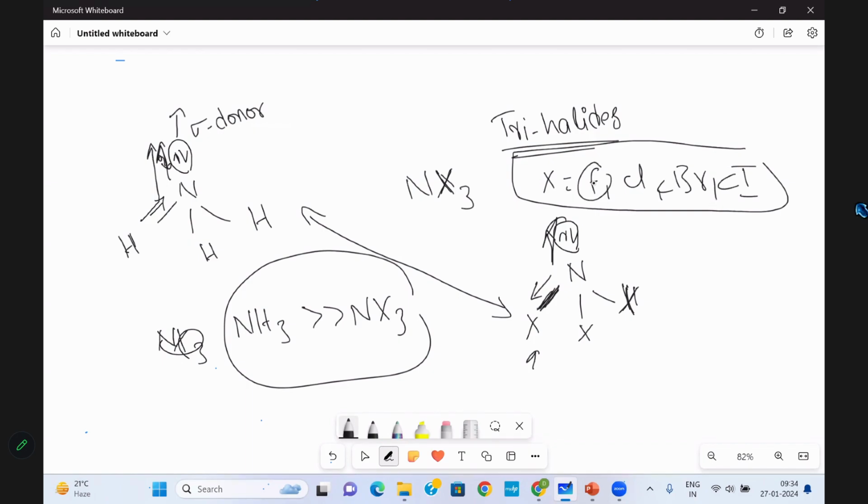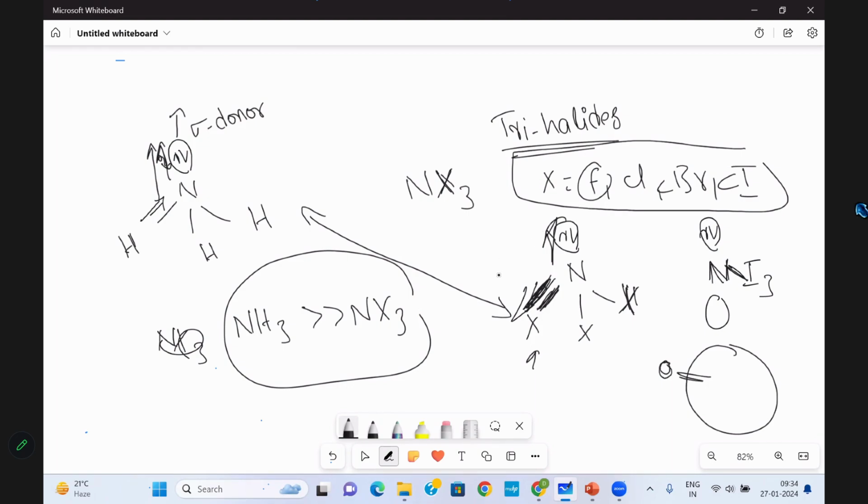Because F is more electronegative, it has more back bonding, while I3 keeps the electrons close. As I said last time, we are dealing with different orbitals. The nitrogen lone pair is like this, but the iodine lone pair is more ionic, so the lone pair is very easily available in NI3 than in other NX3.